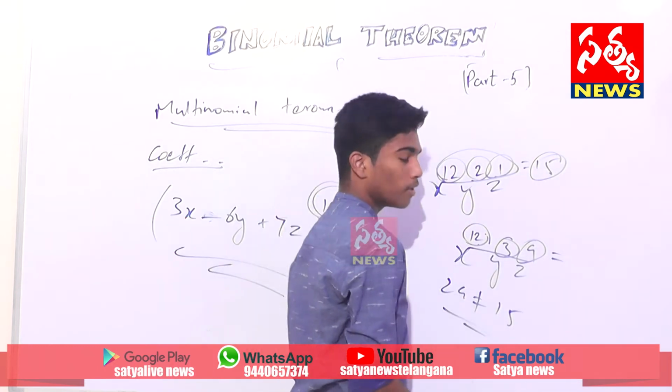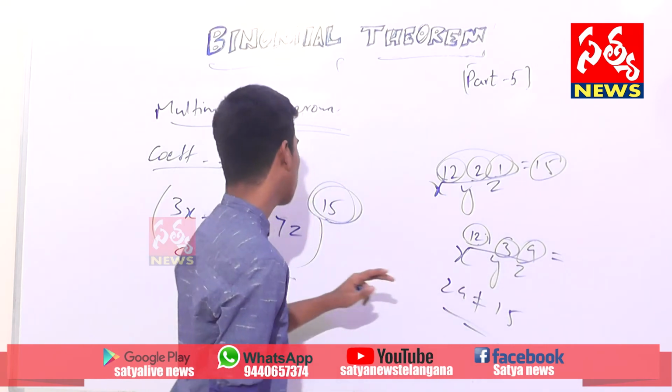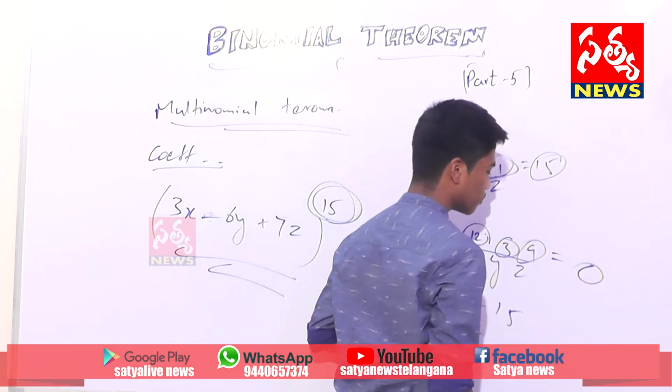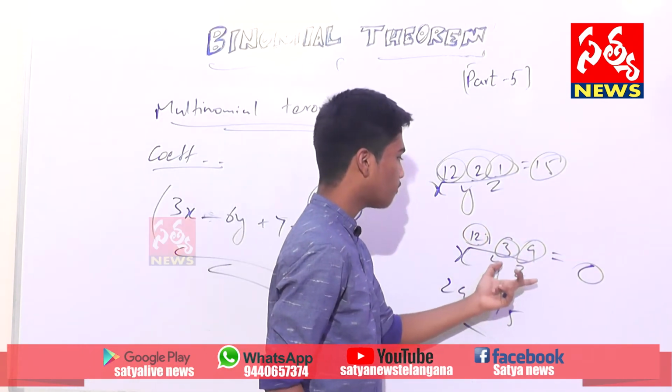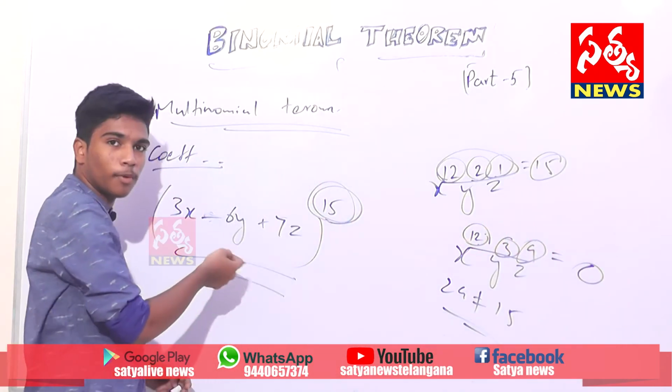So the coefficient of x power 12, y power 3, z power 9 in the multinomial expression is 0, because there will be no such term in the expansion of this multinomial.